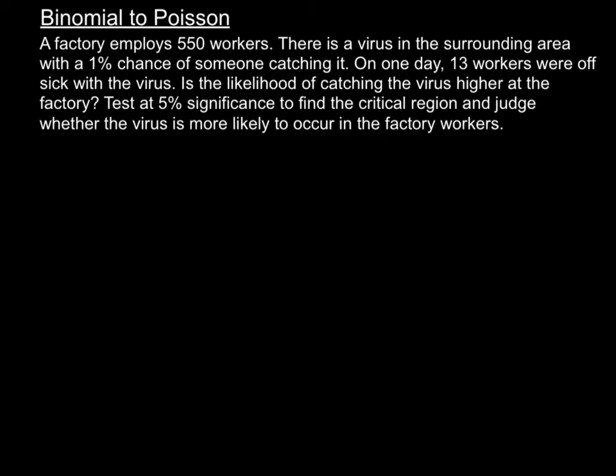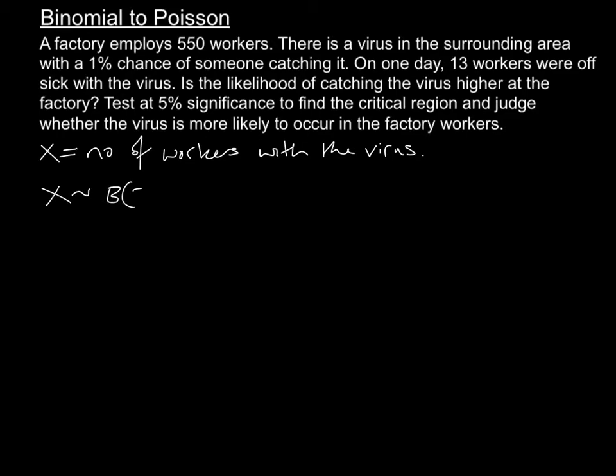the factory workers. So as always with these, we have to define our random variable. So we're going to say x is the number of workers with the virus, and the distribution of x is that it has a binomial distribution of 550 and a probability p, which is what we will be testing.